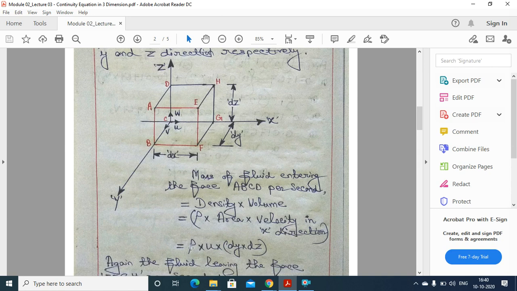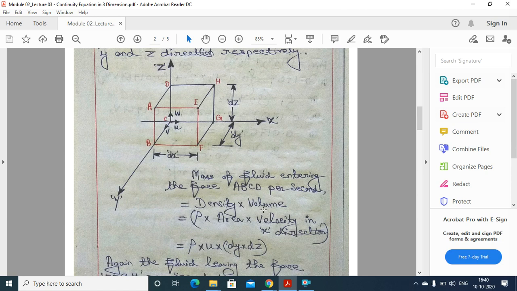Rho is the density, velocity in x direction is u, which I have already mentioned is the inlet velocity component in x direction, and the area will be dy into dz. So the total mass of fluid entering through the face ABCD per second will be rho into u into dy into dz.